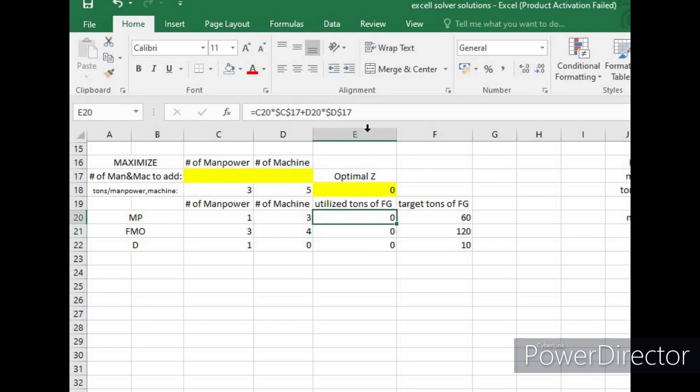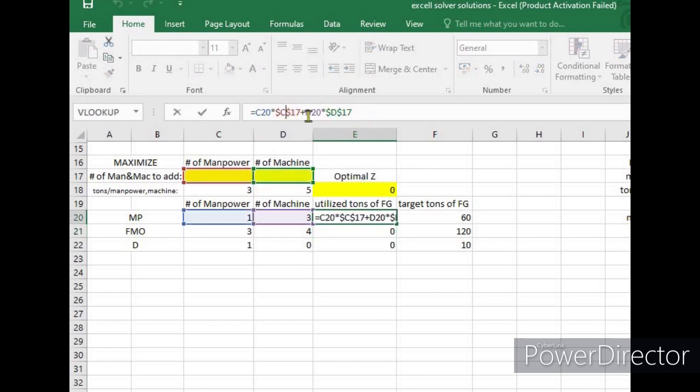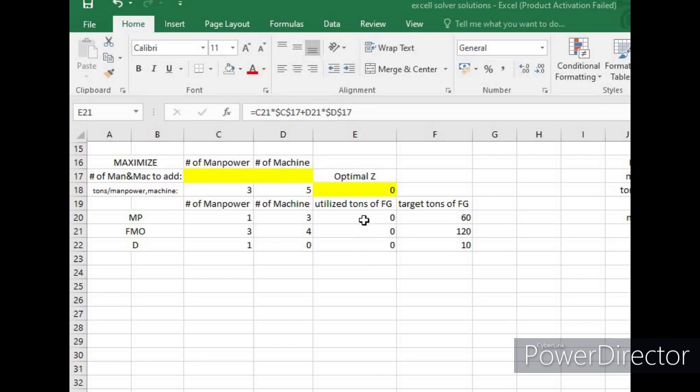You notice here that my formula is in dollar sign, meaning I pressed F4. After I click here in the number of manpower and number of machine, I press F4 so that I can drag it to the last row, because when you do not press F4, it will not be a correct formula. So let's do the formula.